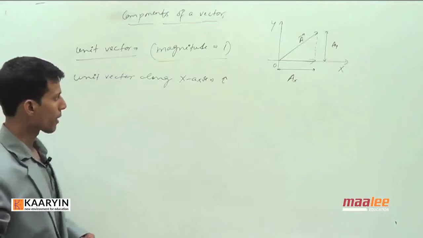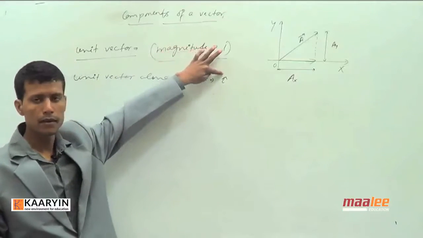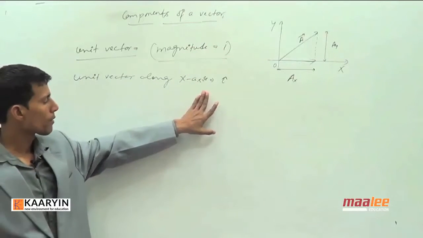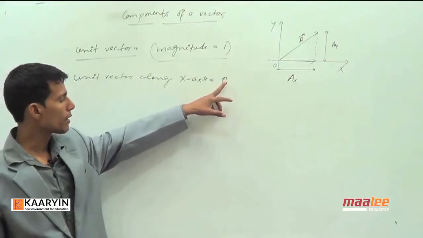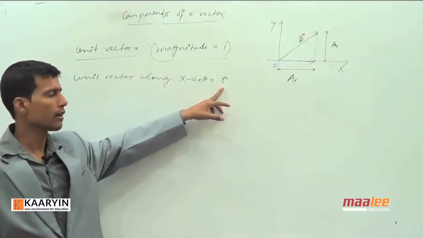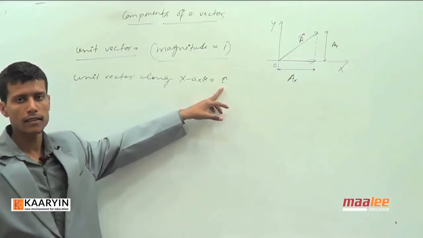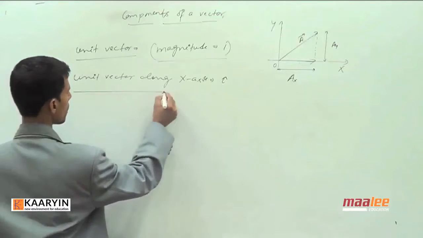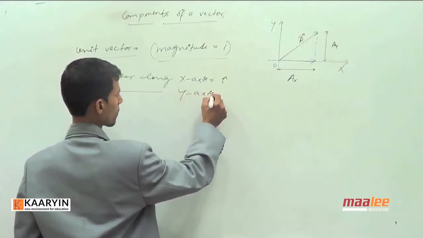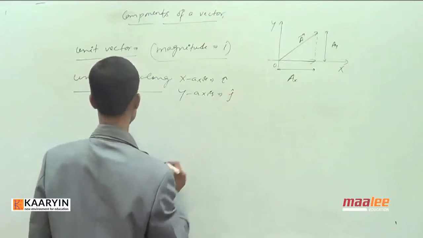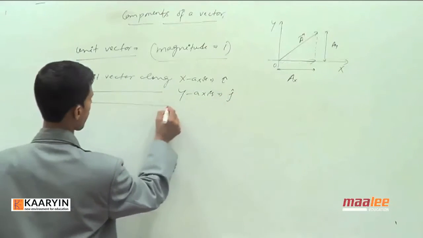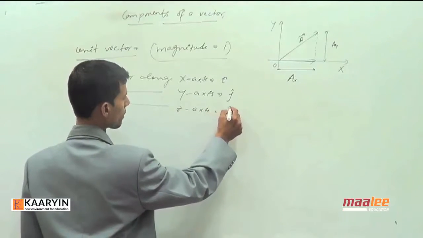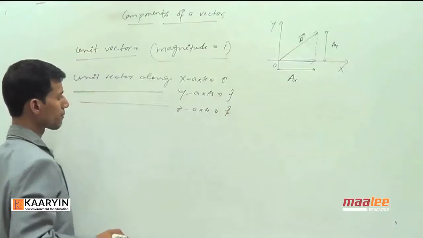As you can see, I am using the symbol cap instead of an arrow on top of i, which indicates this vector is a bit different, in the sense that it has magnitude equal to 1. Similarly, the unit vector along y axis is j cap. The unit vector along z axis is k cap.